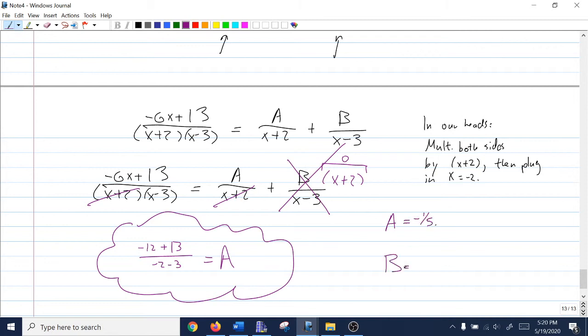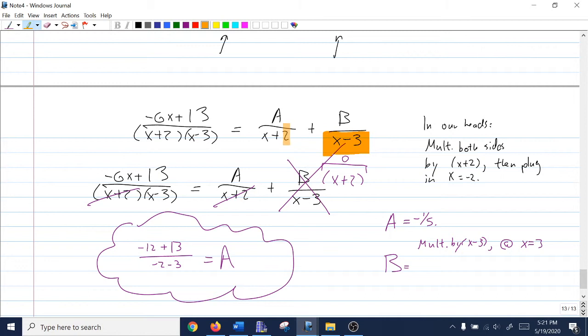How do I get B? I want to multiply both sides by x − 3, and then plug in x = 3. I'm going to use a highlighter to show what I'm covering up. Multiplying by x − 3 covers this up.